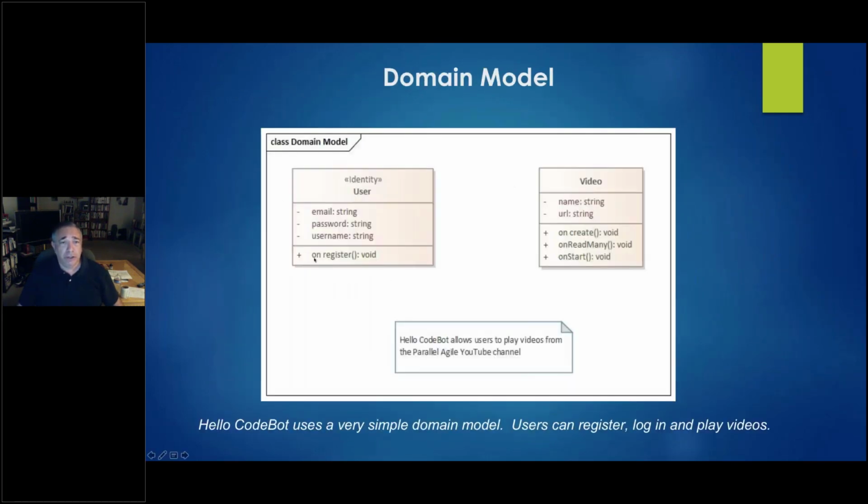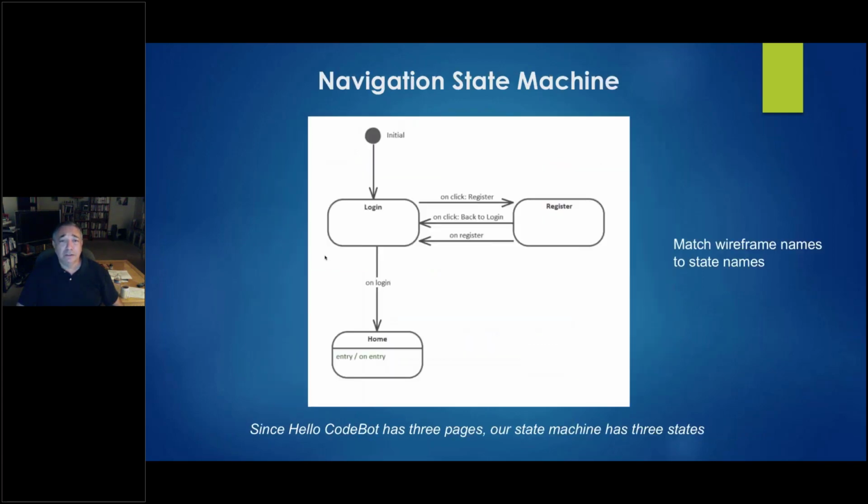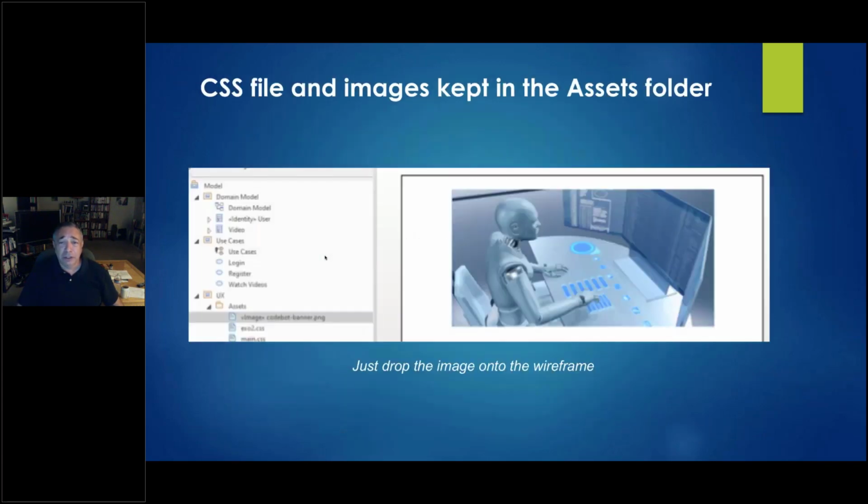So over here, we have an onRegister method, and we attach that little piece of code. If you double click on this method in EA, double click on the operation, EA has a code editor built into it, and you can put JavaScript code inside that operation. And so that's what we did here to initialize the database.